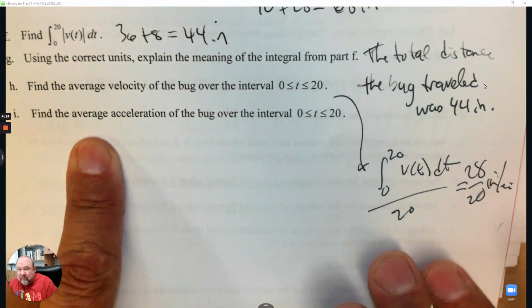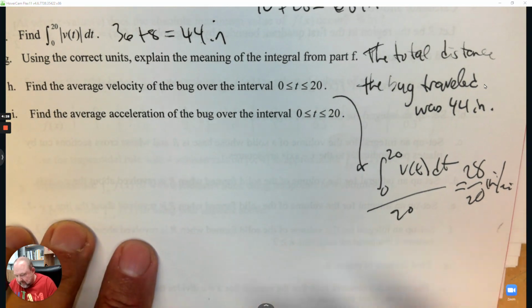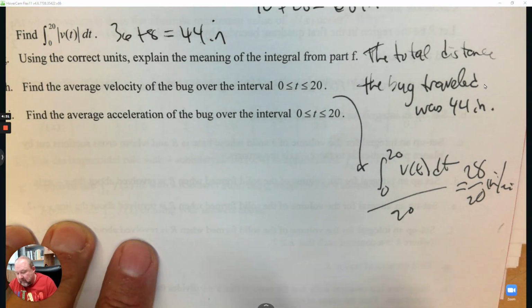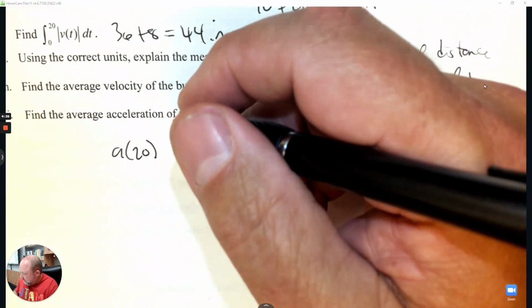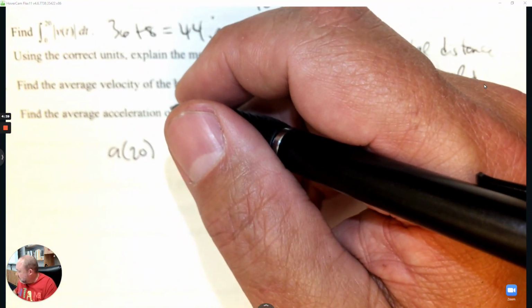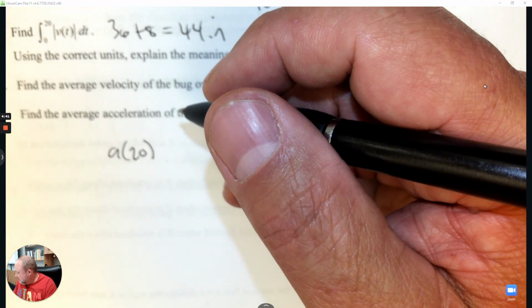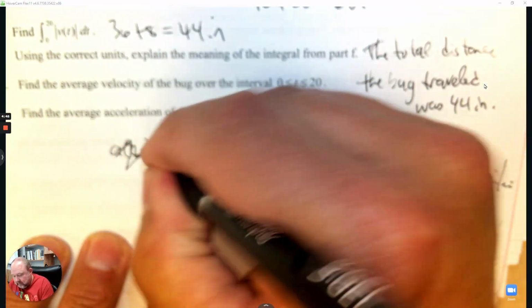Find the average acceleration of the bug over the interval from 0 to 20. So for this one, let's try it again.